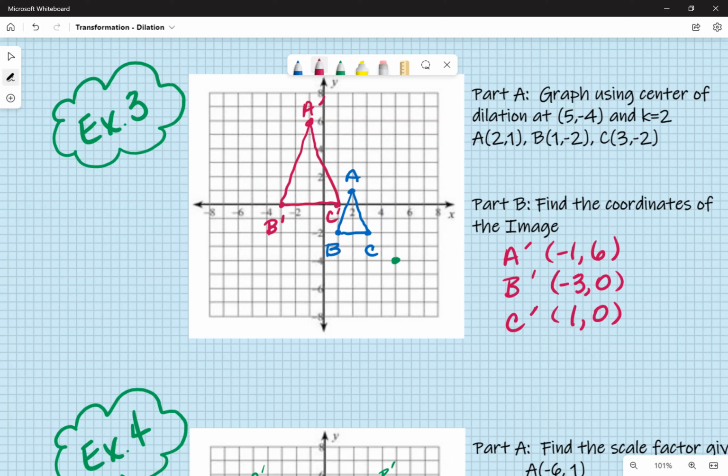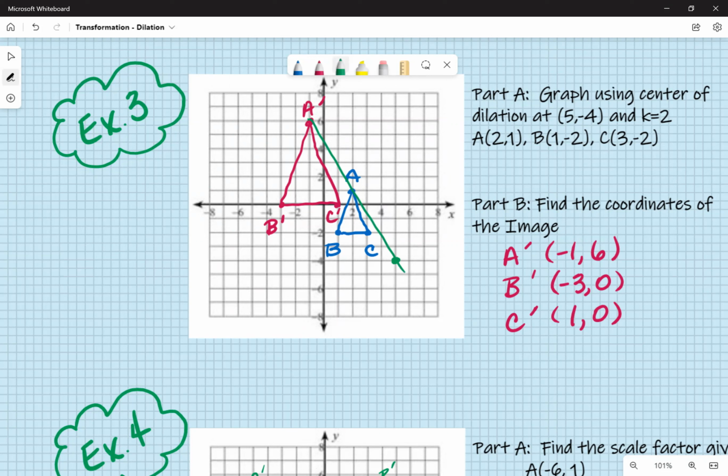Now, if you want to verify that this is in fact correct, what you want to do, preferably with a ruler, my ruler is just on the fritz right now. I'll just show you what it says. It says the ruler is coming soon. All right, so what you want to do is line up your A and your A prime, and it should go straight through that center.